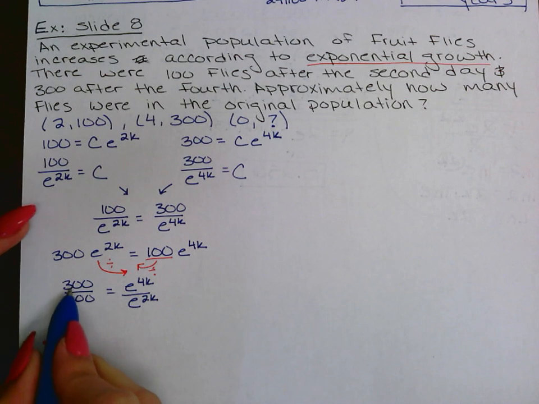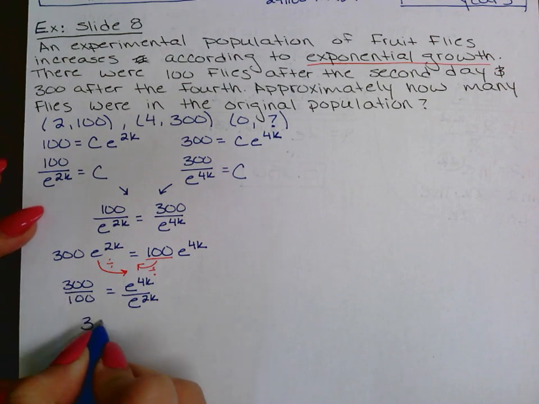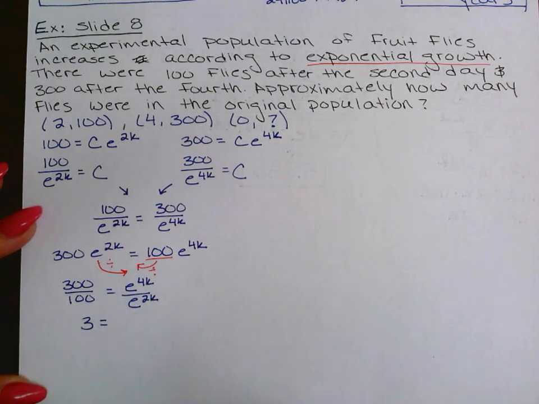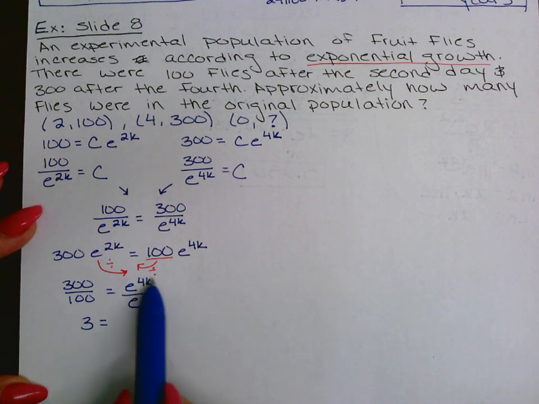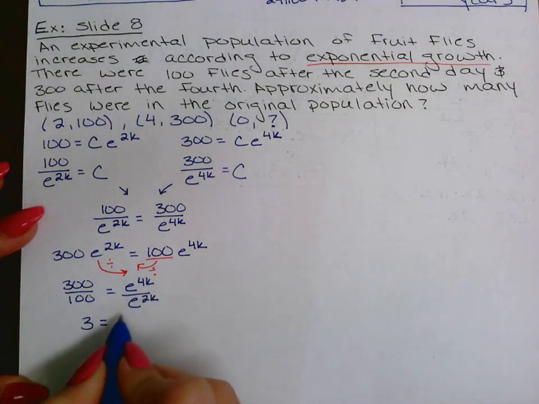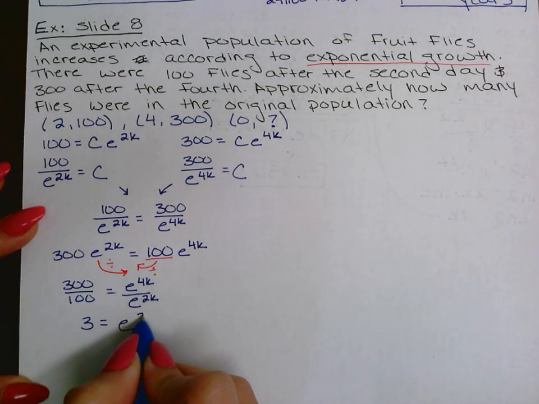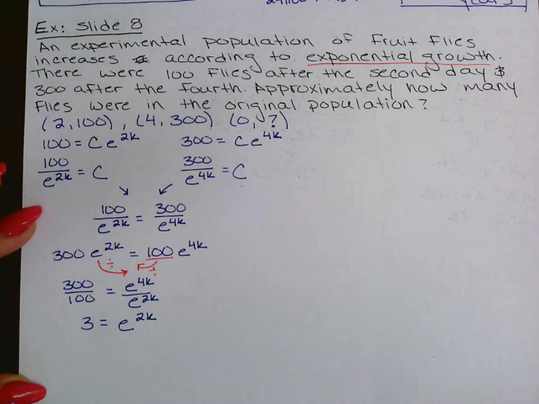So now I can simplify this left side to just say 3. And on this right side, remember from algebra 2, if I have the same base, I can subtract the exponents. So I could say e raised to 4k minus 2k, which is just e raised to 2k.